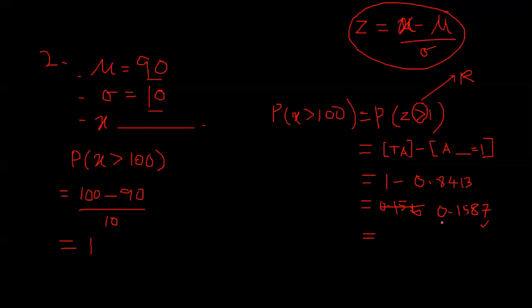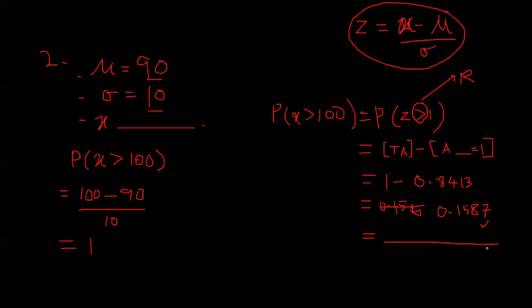Please insert in your task that the final answer is: the probability that a car selected at random has a speed greater than 100 km per hour is equal to 0.1587.